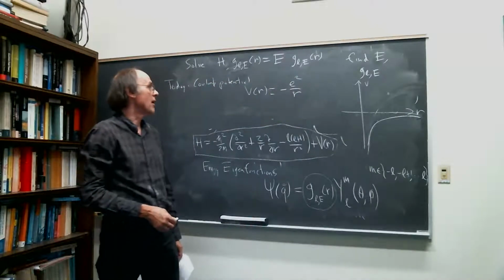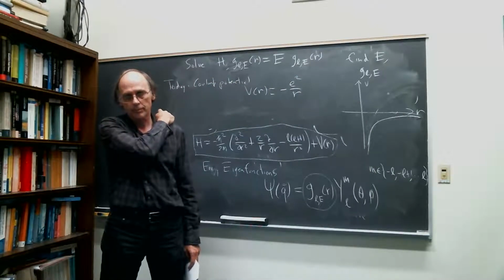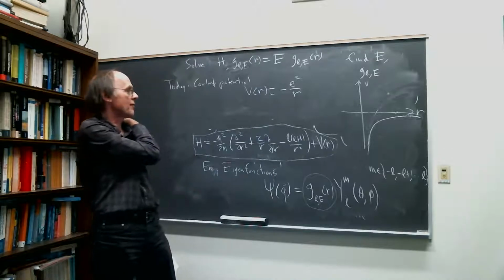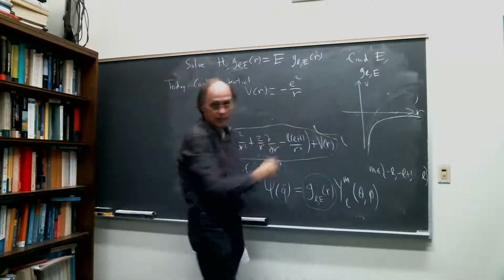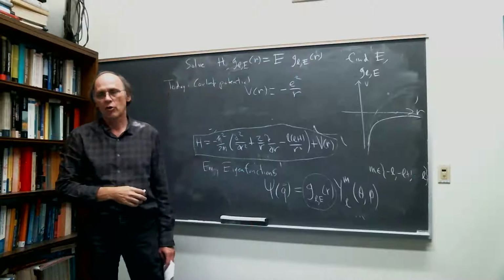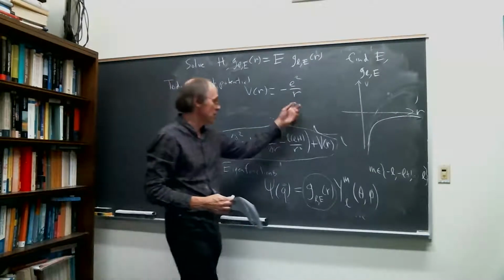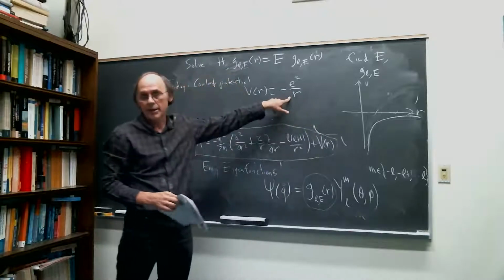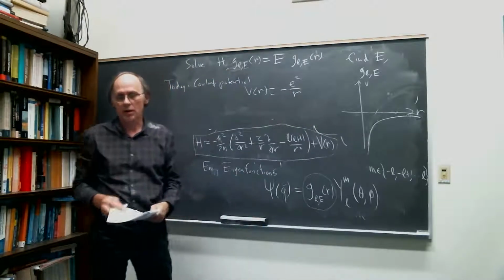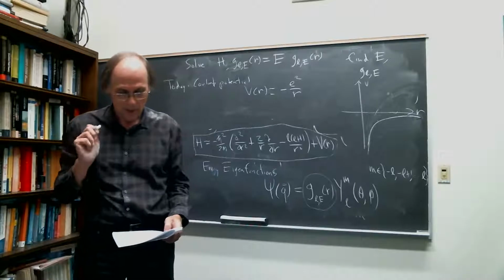Classically you can exactly solve the problem and exactly find the orbits for that case. And it turns out that quantum mechanically you can also exactly solve the problem in this case, and we'll see what the solution is.